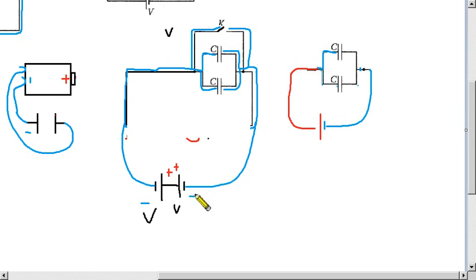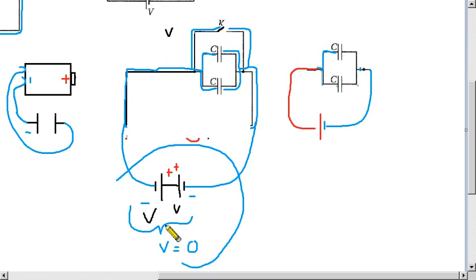So you know, when these batteries are connected like this, the equivalent voltage is 0, because V is the same magnitude and the directions are opposite. Therefore the final voltage of the supply is 0.